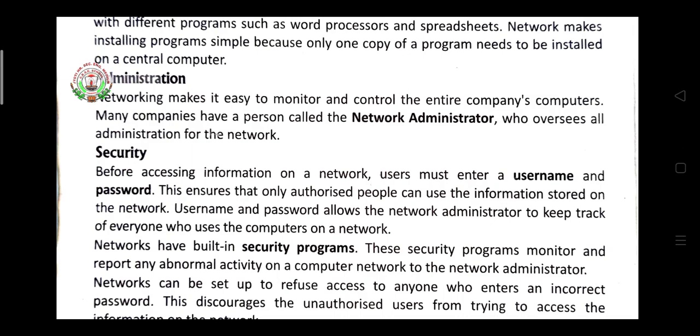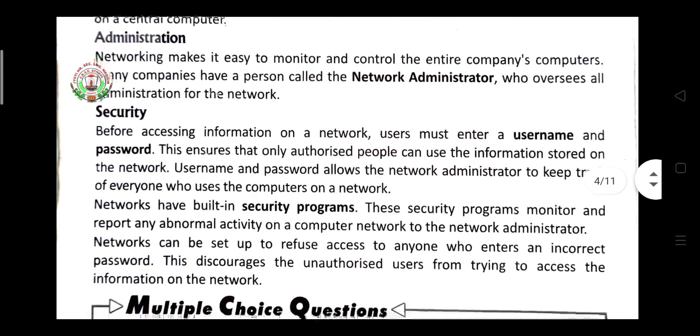So, security. Before accessing information on a network, users must enter a username and password. This ensures that only authorized people can access the information stored on the network. Username and password allow the computer administrator to keep track of everyone who uses the computers on the network.